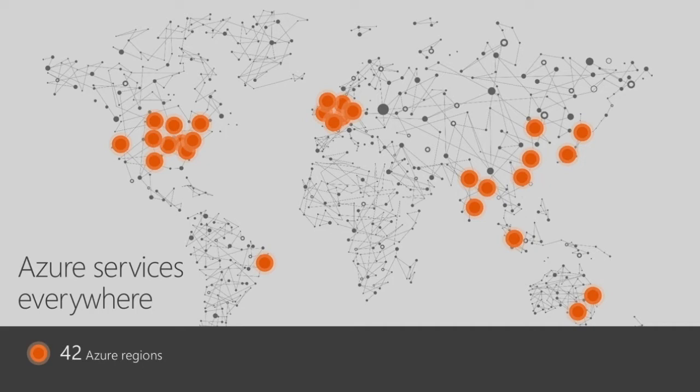Right now, Azure is in 42 regions across the globe. You just heard Jason Zander talk about it, and Scott. We have the largest footprint on the planet for a cloud offering. Even that's not enough. We're hearing from companies that they need their applications running in areas where Azure isn't.